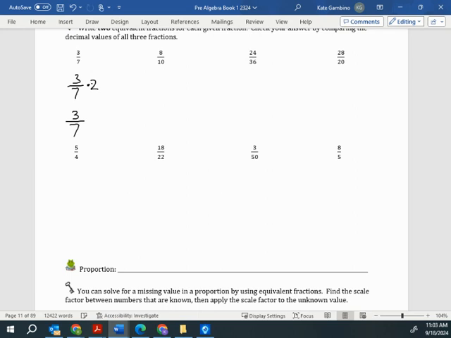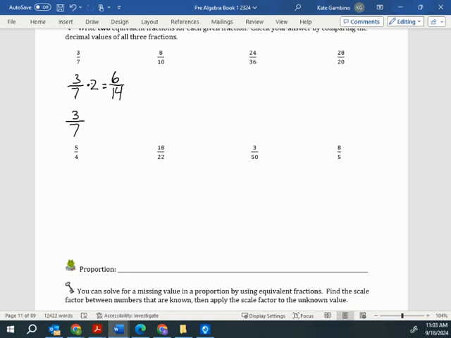So 3 times 2 equals 6. 7 times 2 equals 14. Do I simplify it? Or not? Because then it would just be the same fraction. This is the one time I am not going to tell you to simplify. When we work with equivalent fractions, we don't simplify because then it's going to be the exact same fraction.